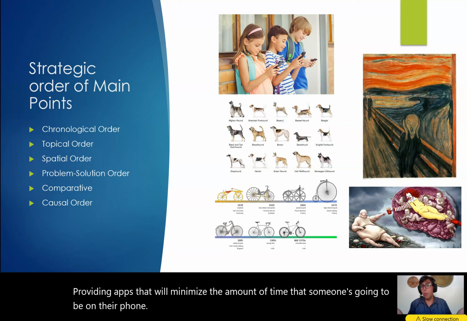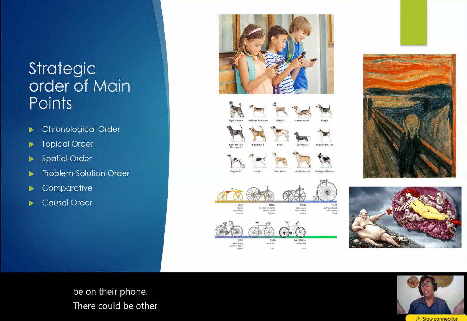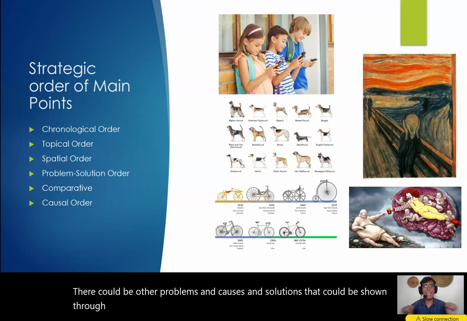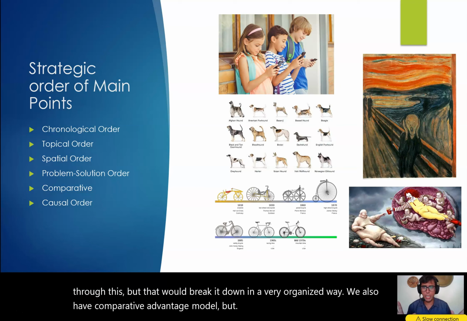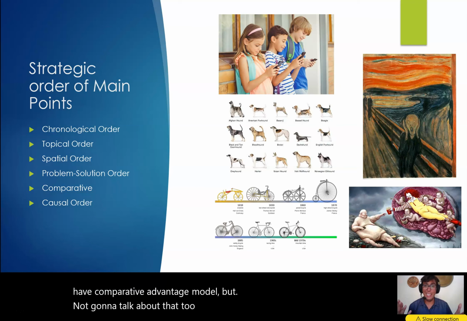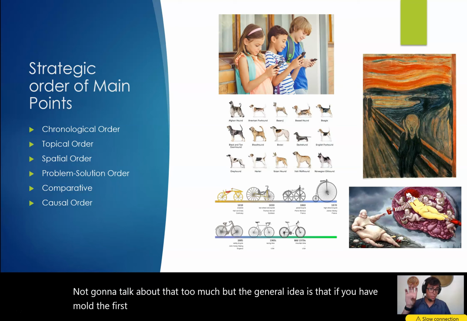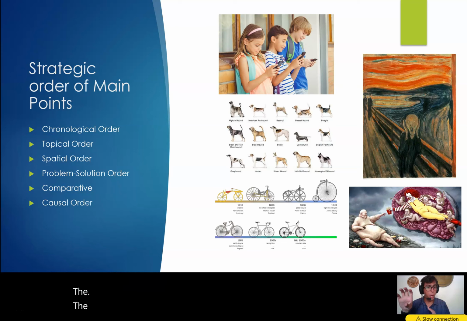There could be other problems and causes and solutions that could be shown through this, but that would break it down in a very organized way. We also have the comparative advantage model, but we're not going to talk about that too much. The general idea is that the first main point would be the other person's proposal.